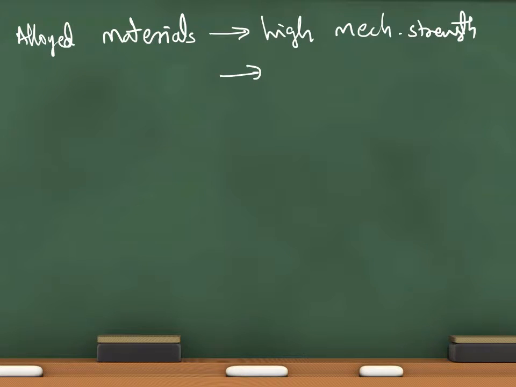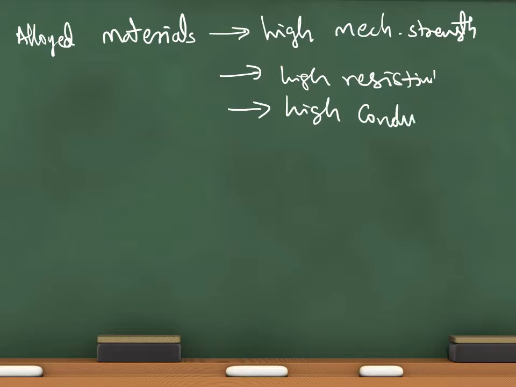Or something like high resistivity, or they may have high conductivity also. In some cases we need more conductivity, that means low resistivity. In this way they may have different properties.